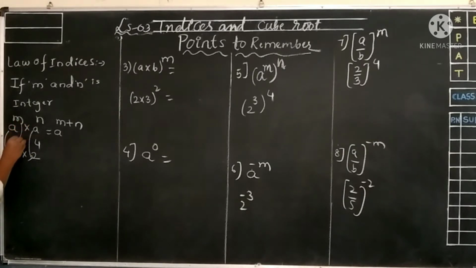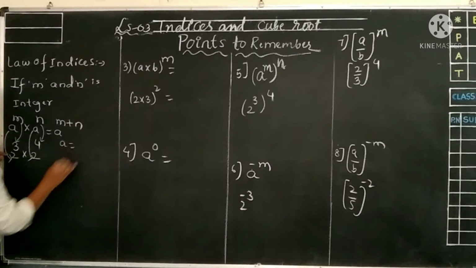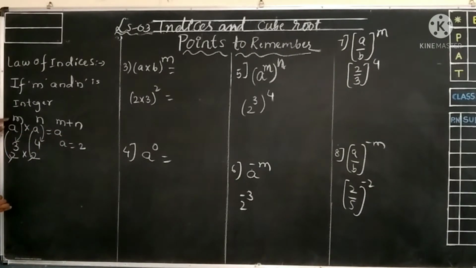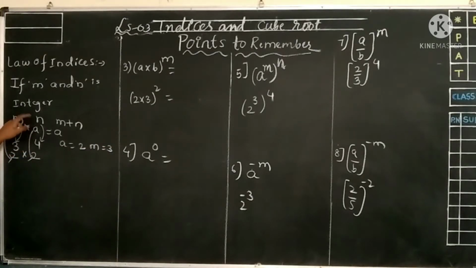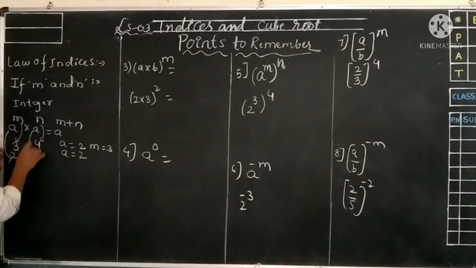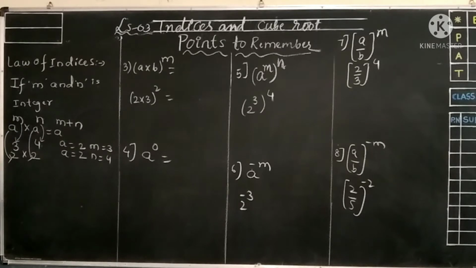Next, m value is 3 and n value is 4. Now we will put these in this formula: a is 2, m is 3, a is 2, and n is 4.